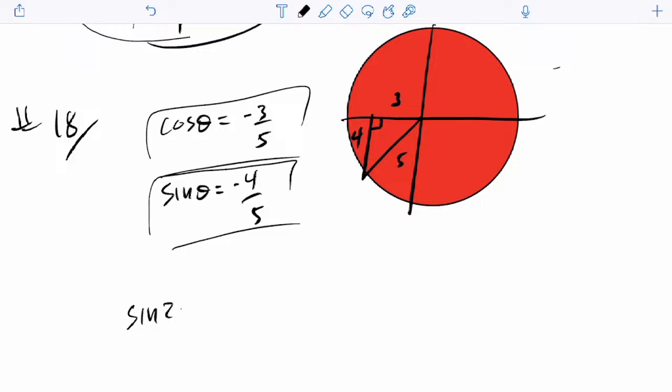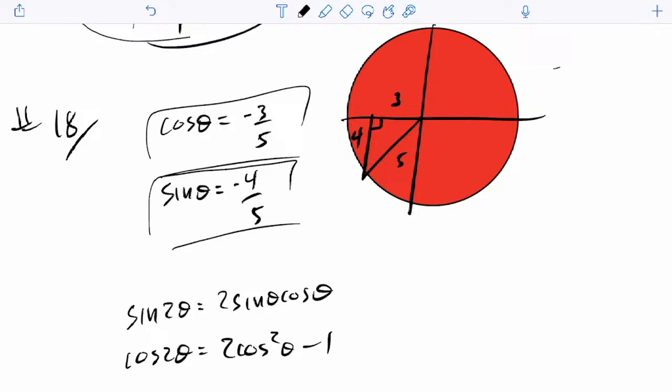If they want the sine of 2 theta, you just sub in the numbers above and you can get your answer. If they want the cos of 2 theta, once again, you can pick either one of the 3 formulas, sub in and get it. If you want the tan of 2 theta, just divide these out and you will also get your answer. So that's how you'd go about answering number 18.